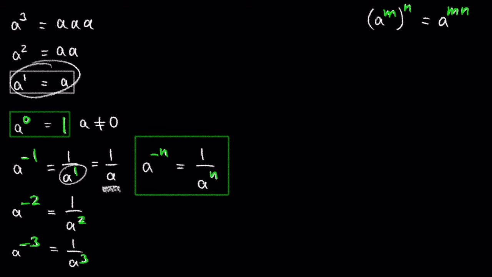Let's say we have, for example, a squared raised to the power of 3. The power of power rule tells us to multiply the exponents together.